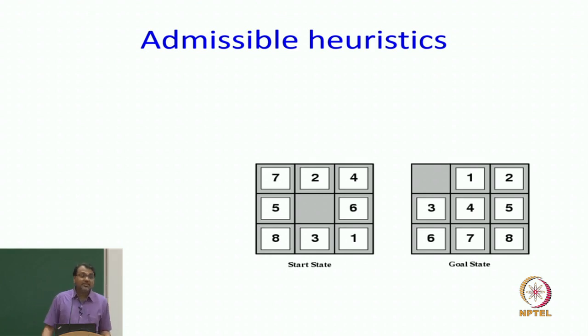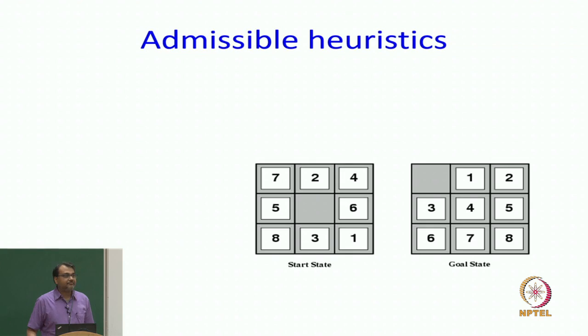The heuristic's job is to estimate how many steps I am going to take to reach the goal. Now, I would need suggestions from you. Please do not shout, raise your hands. Can you think of a heuristic which is admissible, that is, a lower bound? It underestimates the cost that I am going to need to go from, let us say, the start state to the goal state.